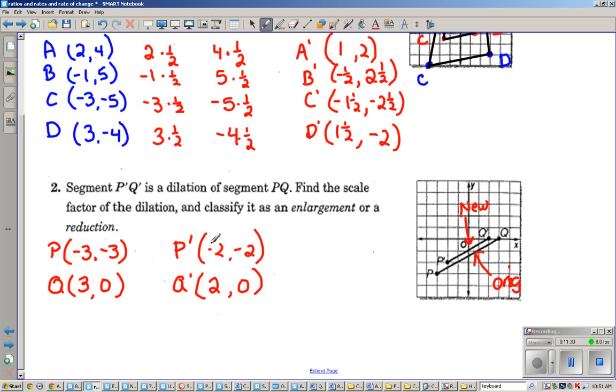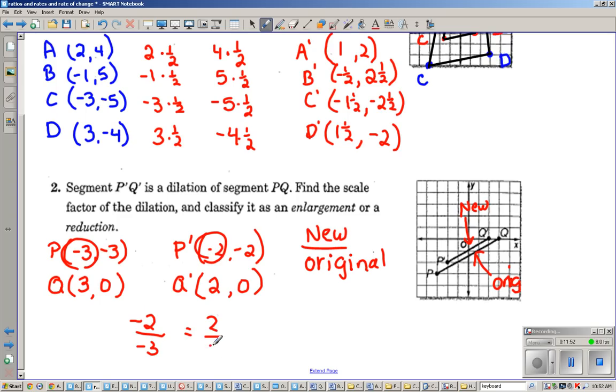Let's do the x's. Let's do the P's. We're going to compare new, remember it's always new over original. So the new was -2, your original was -3, and we can simplify that to 2/3. Even if we did our y's, it was -2 to -3.